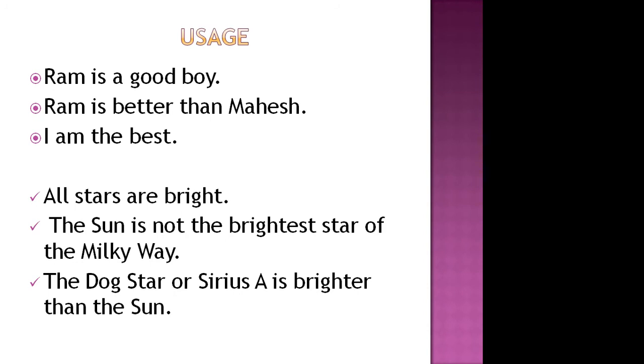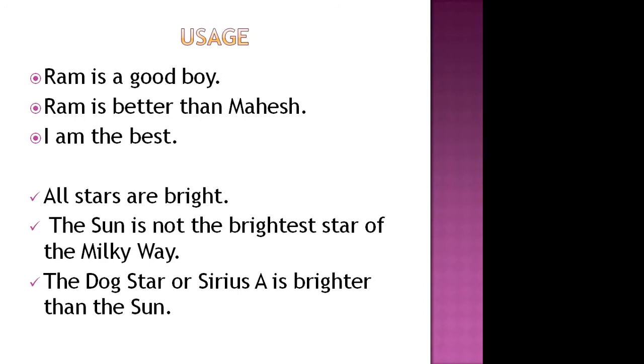Usage. Ram is a good boy. Ram is better than Mahesh. But I am the best. All stars are bright. The sun is not the brightest star of the Milky Way. Milky Way is our galaxy, the name of our galaxy in which our solar system is there.